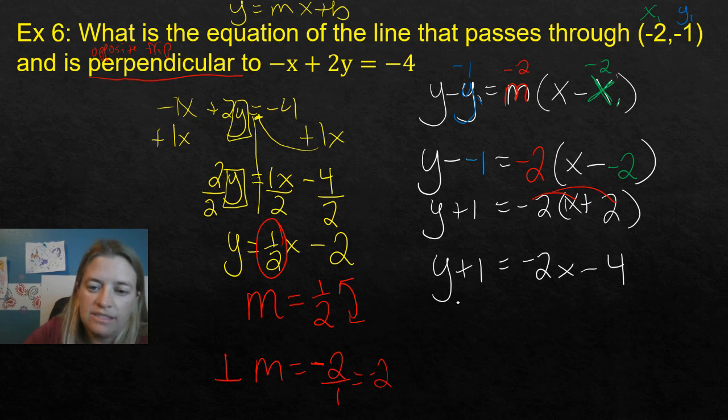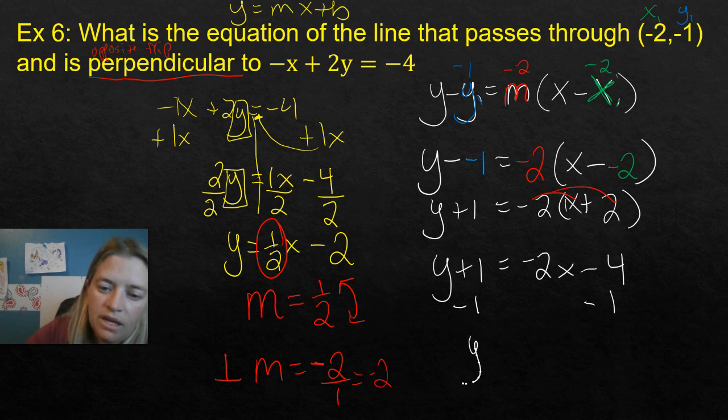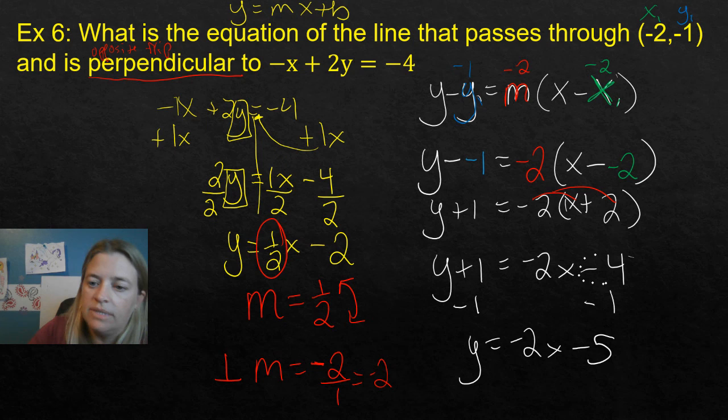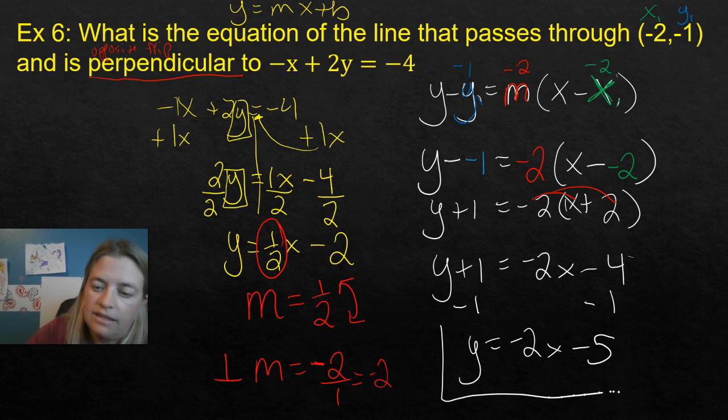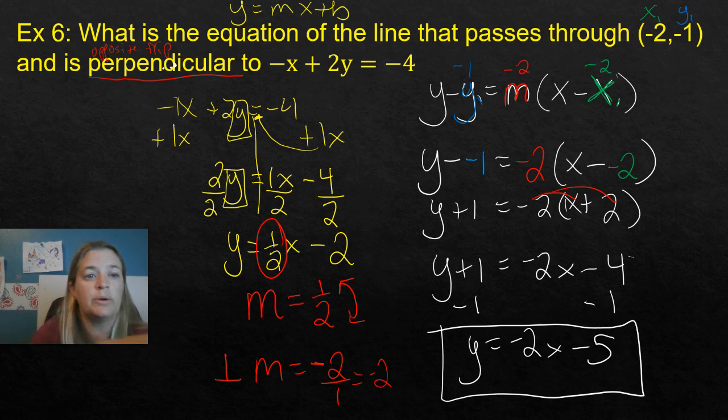So one last final step, we got to subtract 1 from each side. And we're going to put it right underneath its like term. -2x is not a like term, so we're going to put it right over here next to the -4. And we are done at -2x minus 5, because a -4 and a -1 is -5. And that is an equation of a line that will pass through this point and is perpendicular to that equation.